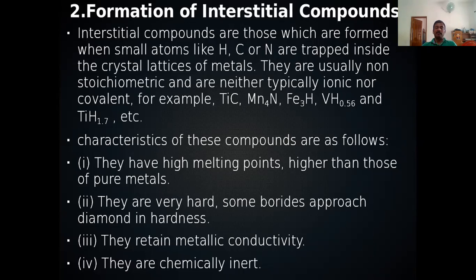Third, they retain metallic conductivity. Even after the formation of interstitial compound, they have the property of conductance. And they are chemically inert. So interstitial compounds have some advantages over metals. Their conductivity increases and their inertness increases. Therefore, they will not undergo decay quickly.